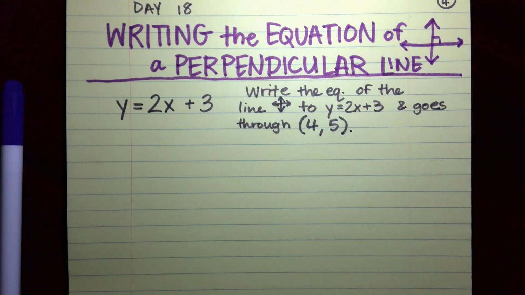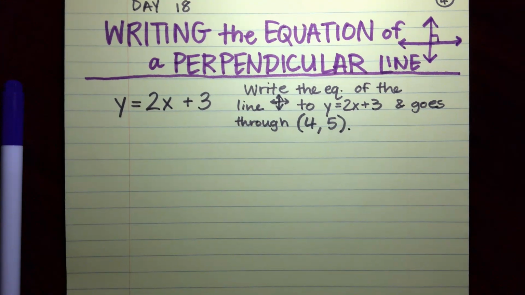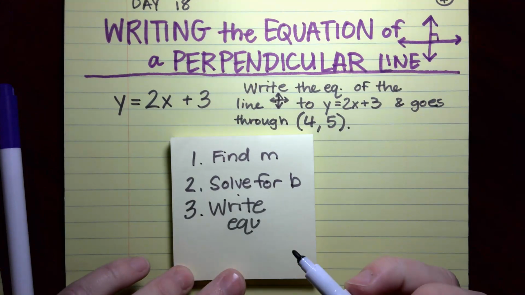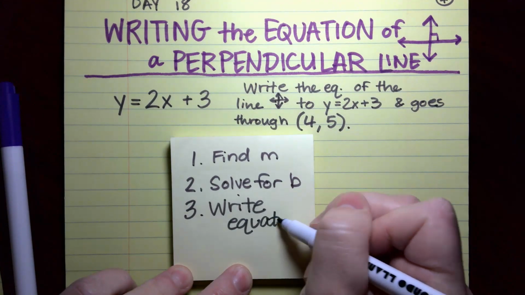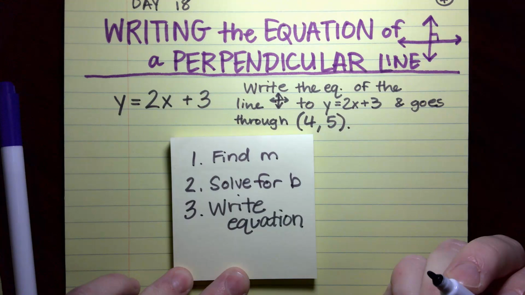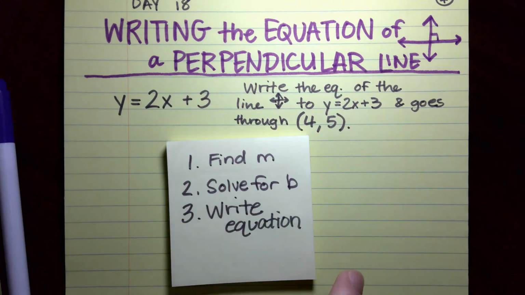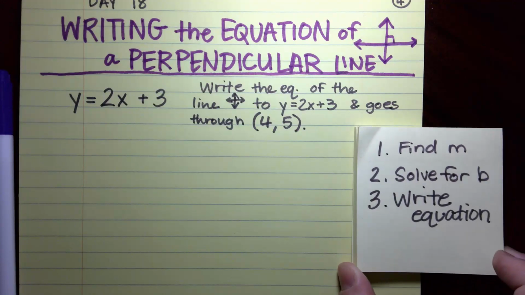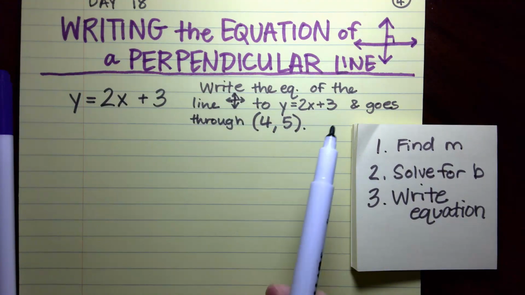Remember, whenever we are trying to write an equation of a line, our steps never change. Step 1 is always find m. Step 2 is solve for b. And step 3 is writing the equation. For step 1, we need to find out what our slope is going to be for our new line.